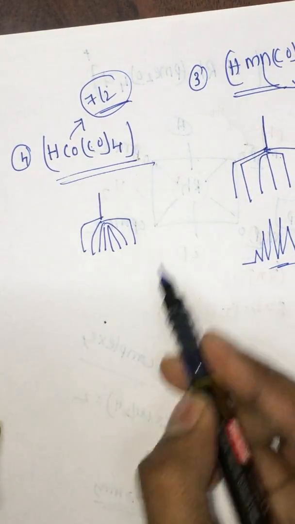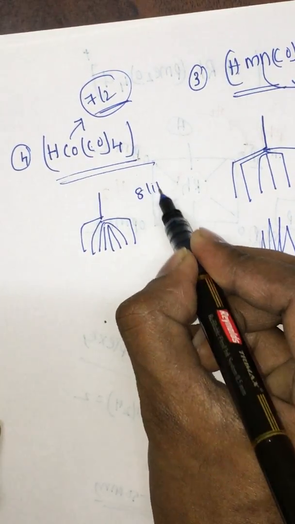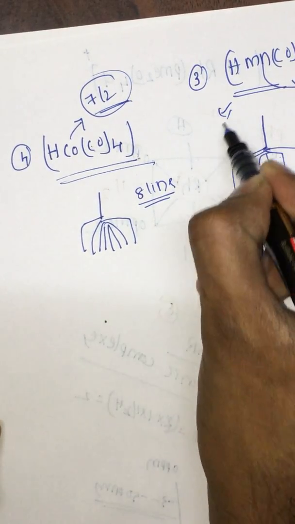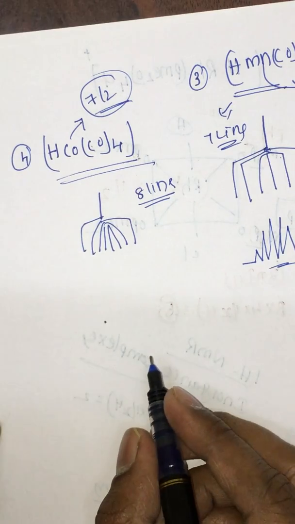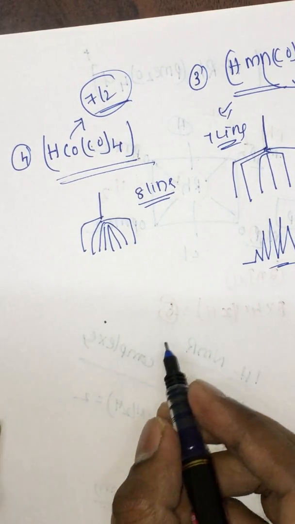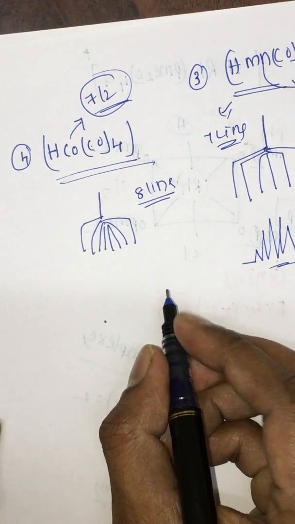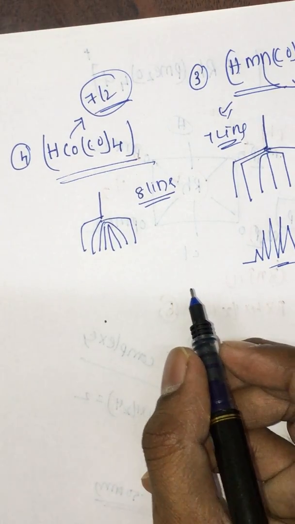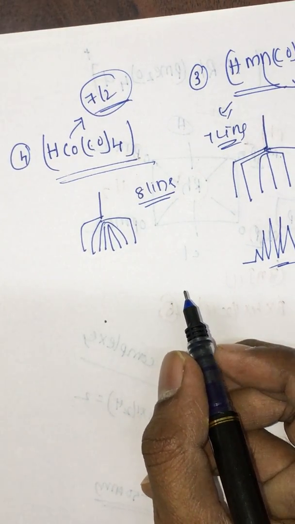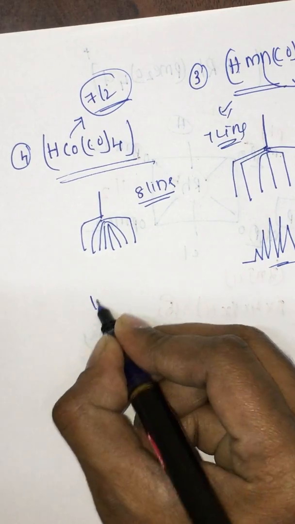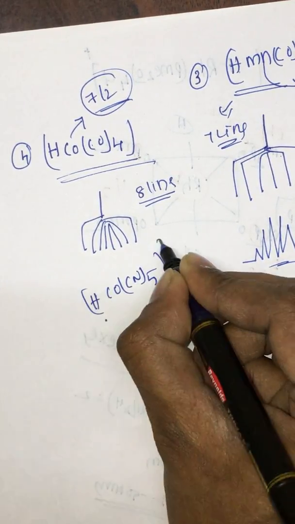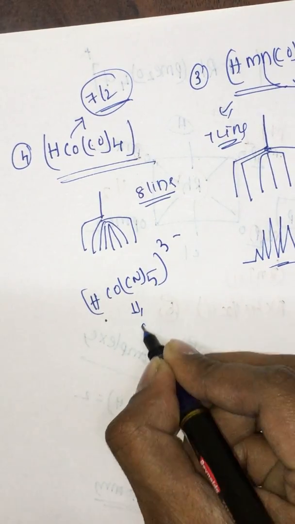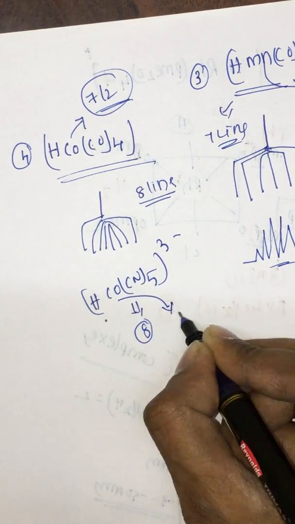So this complex shows an 8-line signal in the NMR spectra, and the previous complex shows a 6-line signal. Like that we can do for other things also. We can take HCo(CN)5 3-. So here also we'll get 8 lines, because the spin of cobalt is 7/2.